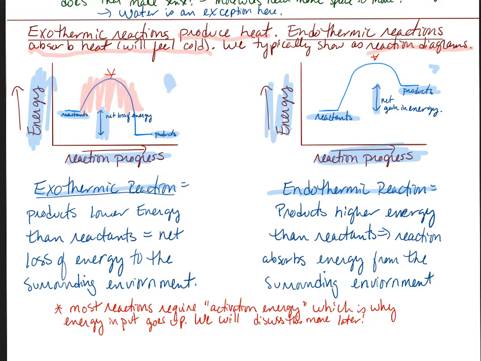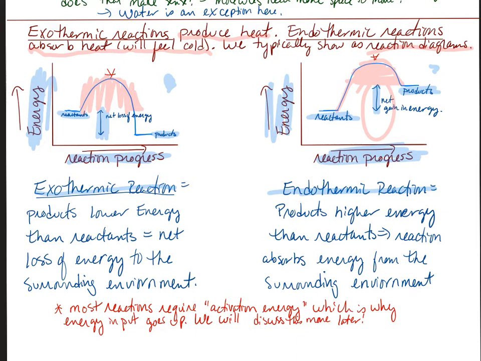So in other words, they suck energy away from things around them. They require energy to make this reaction happen. And you still have this activation energy thing that goes up. And we don't worry about that too much for now, because that's sort of like coming up and going back down. But this guy, this net gain of energy, means that it's an endothermic reaction.